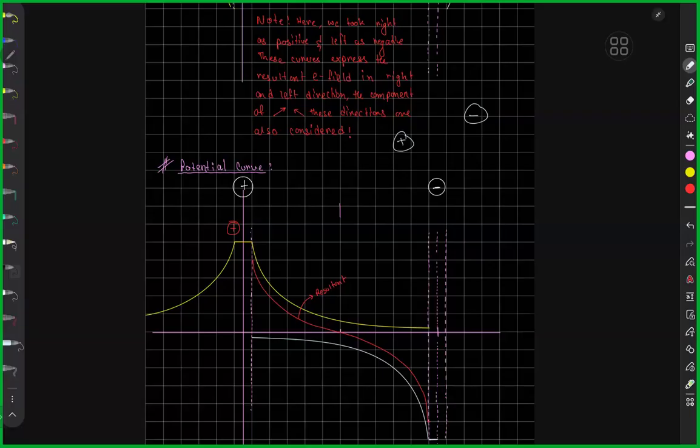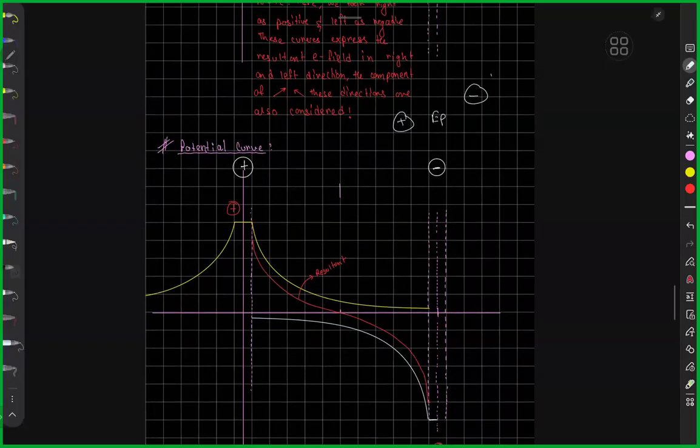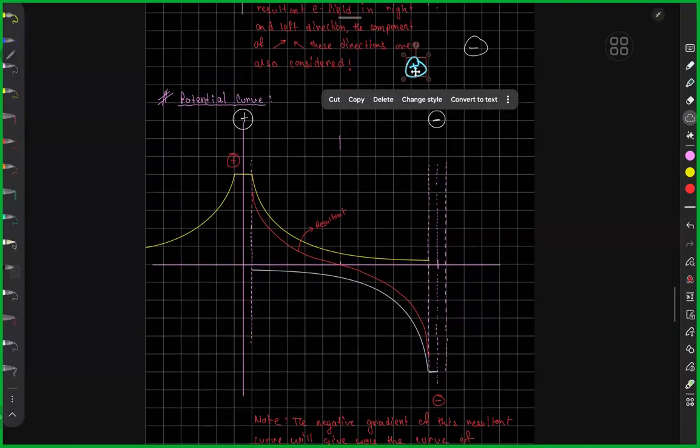If that is the case, that means the electric potential of the negative sphere should always be negative, on the negative axis, because the work done in bringing this positive charge from infinity to near the negative charge is a negative value. That work done is a negative value, similar to our gravitation chapter, attractive forces. So work done is negative. So the energy value is on the negative axis, right?